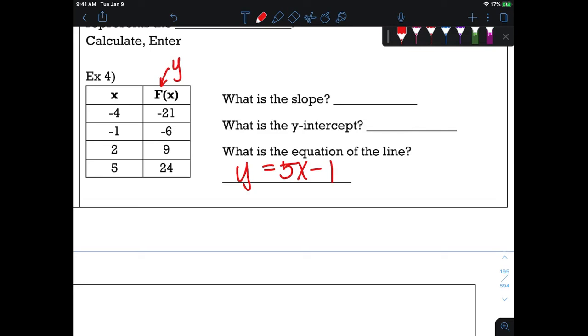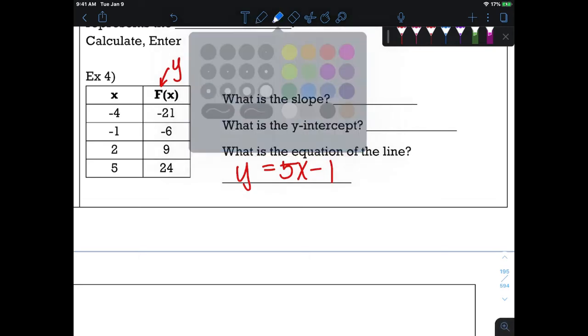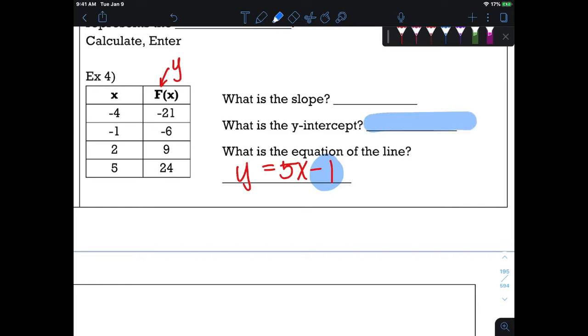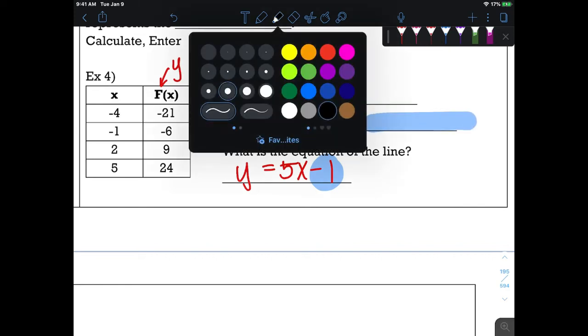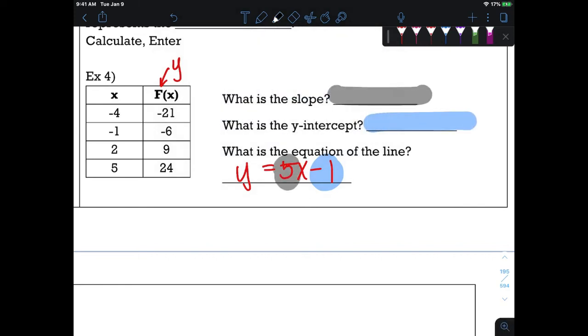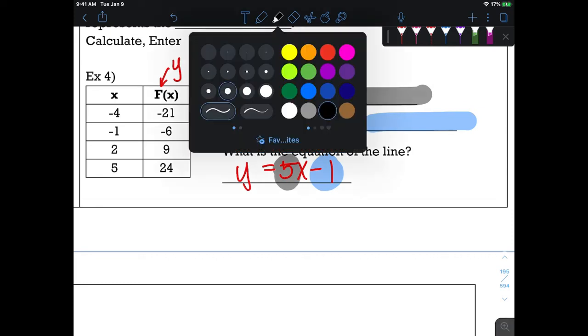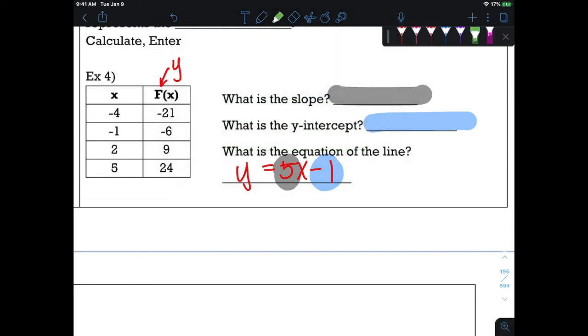Based on that information, I can say my y-intercept and my slope are there. My slope is just 5. My y-intercept, I could say -1, but I'm going to write it out in full format, 0, -1. And that's all there is to it.